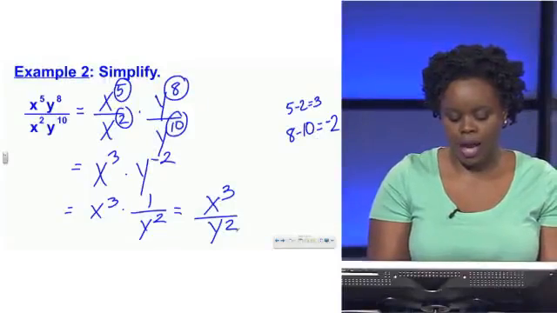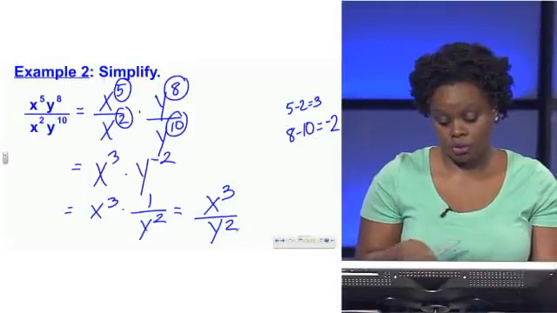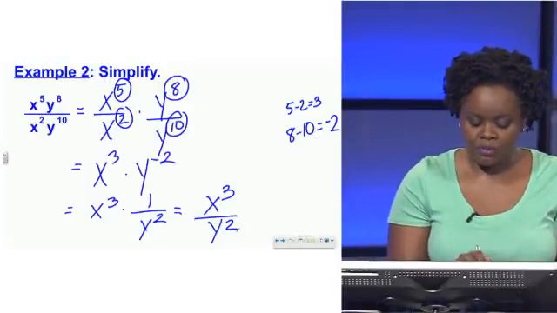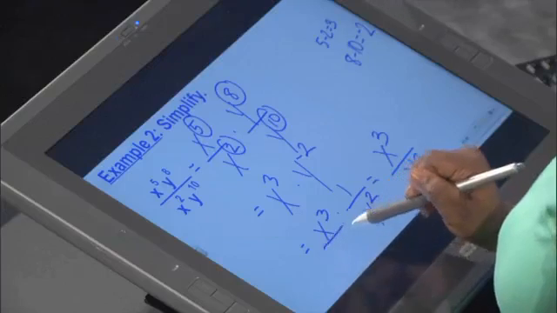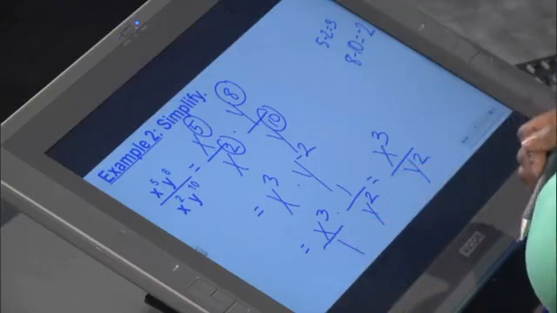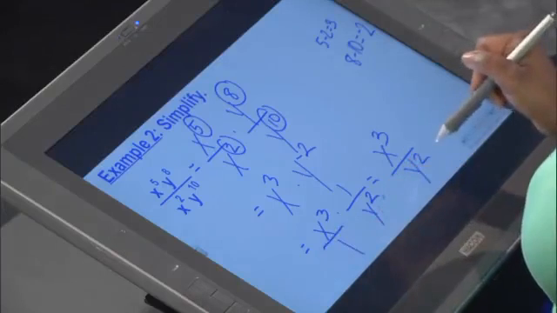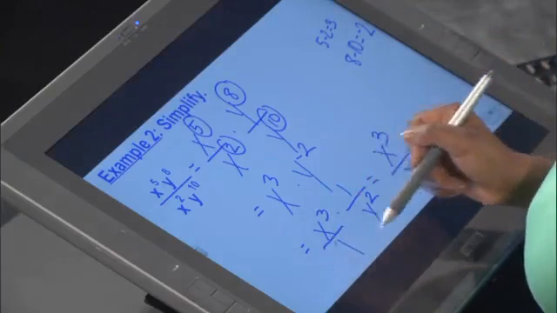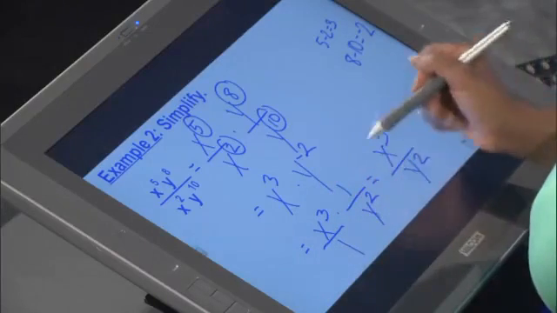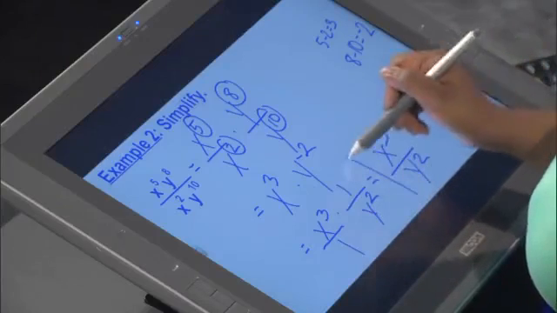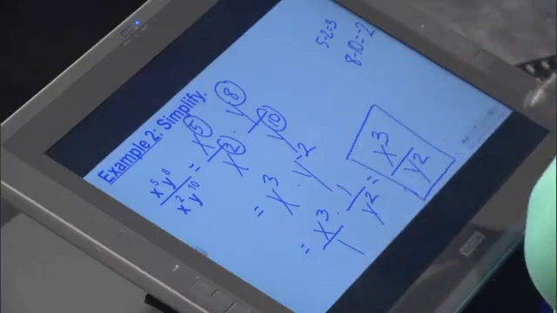X cubed times 1, that's just x cubed. And you remember fractions, you can always make something that's whole a fraction by putting it over 1. So 1 times y squared, that's y squared. That's how the problem went from this to this. But either one is really acceptable. Okay, let's keep going.